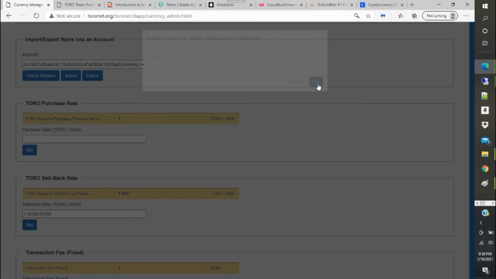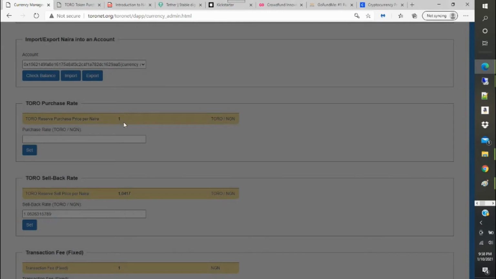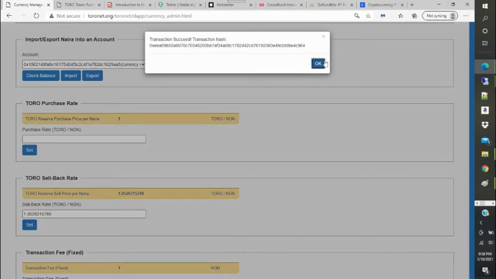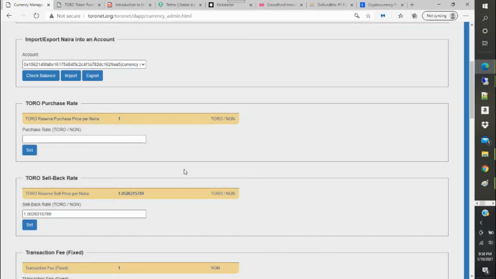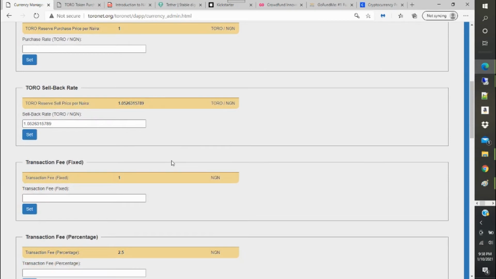Okay, and what that means is if the Toro as a stable coin is made to be on par with the Naira, with the other currencies, euros and pounds, it must reflect the same equivalent rate between those currencies and the Naira to keep an equivalency. But we will get to all that.